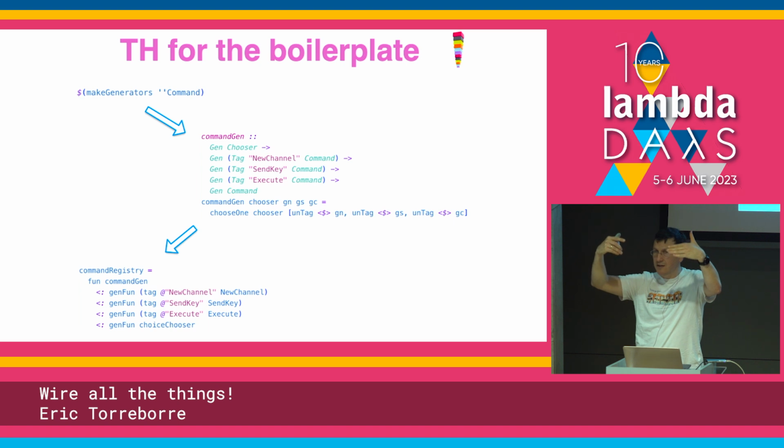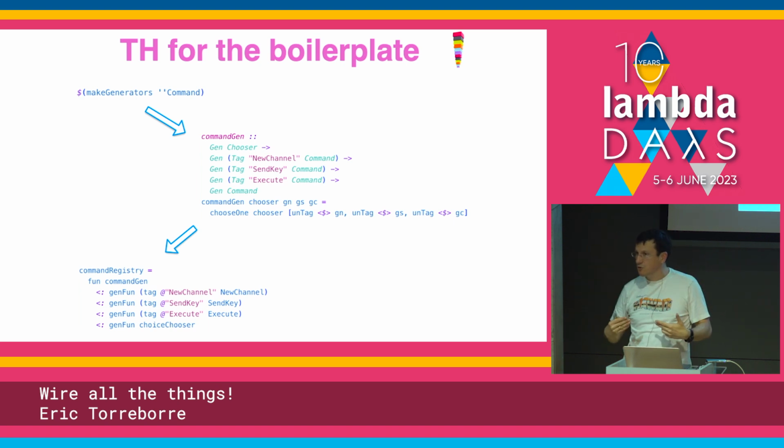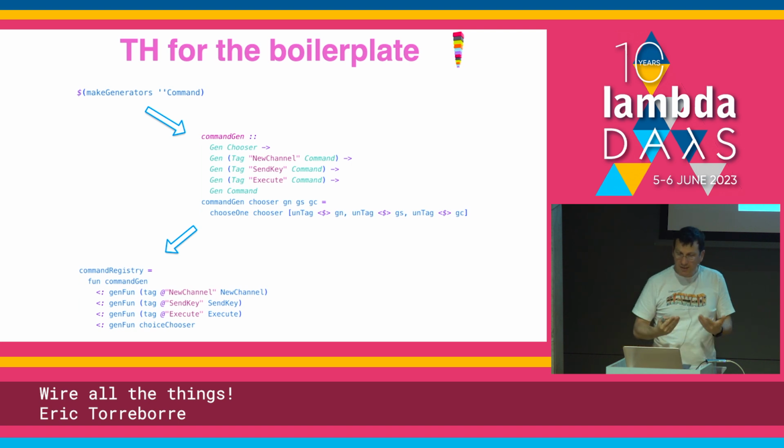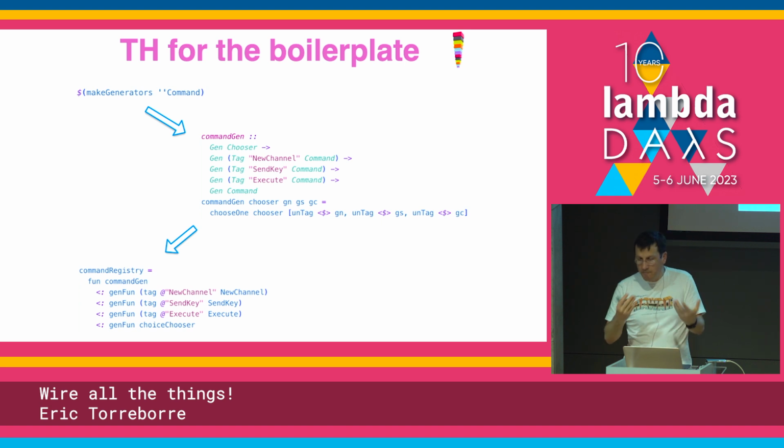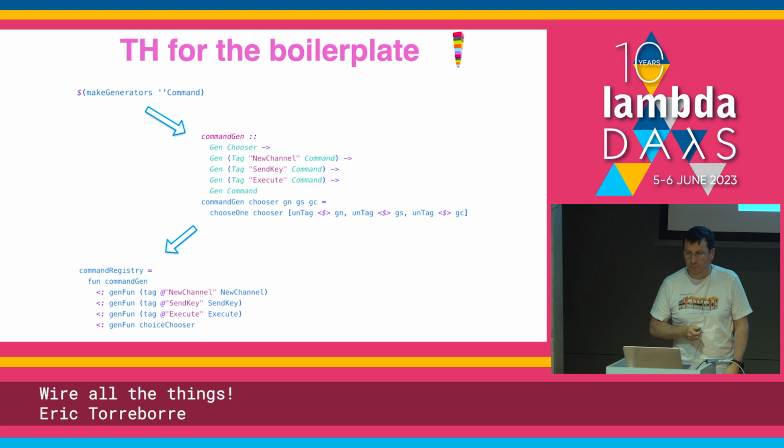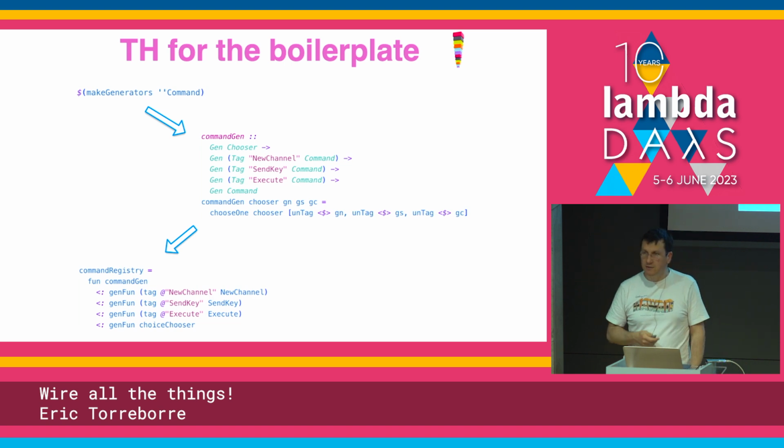So if you would apply the same strategy naively, you would just always use the same constructor, which is not what we want. So it is actually possible to work around this limitation by tagging each type with a new type, and then having a combinator that's going to combine which constructor you want based on some kind of frequency, for example. And again, yeah, template Haskell can help you just write that code automatically for you.